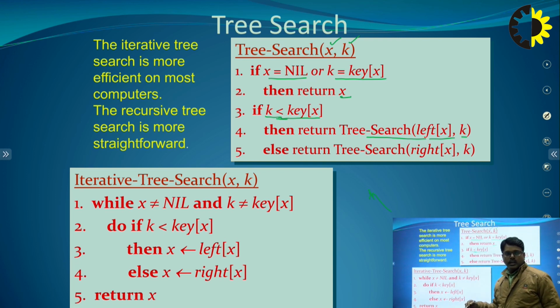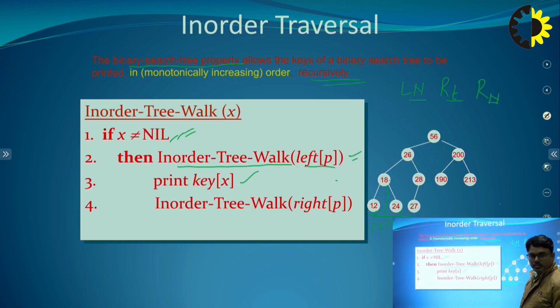As we can see in the previous example, suppose we want to search for element 12. We compare this element with the root node. Since it is less, we search on the left side, the left subtree.